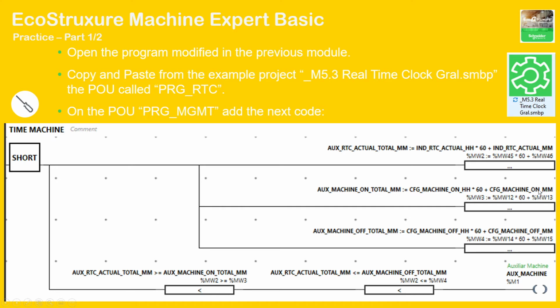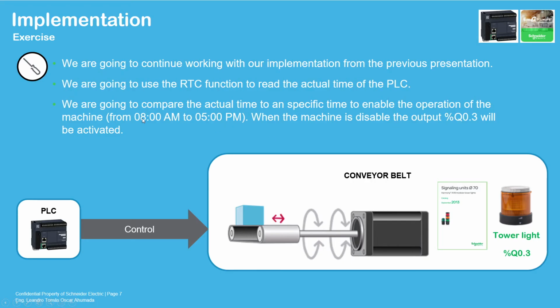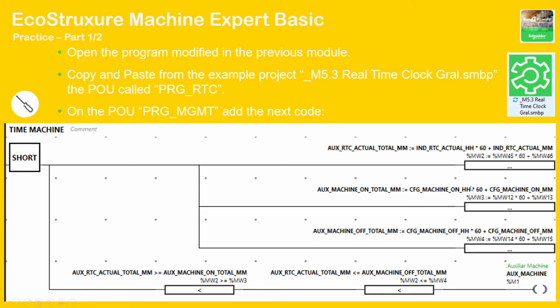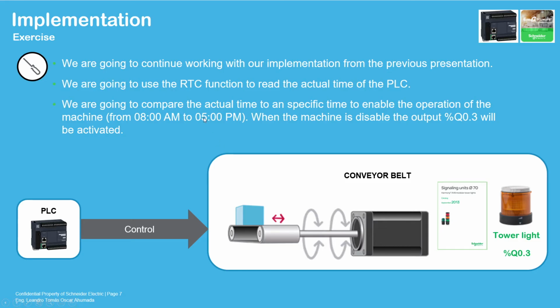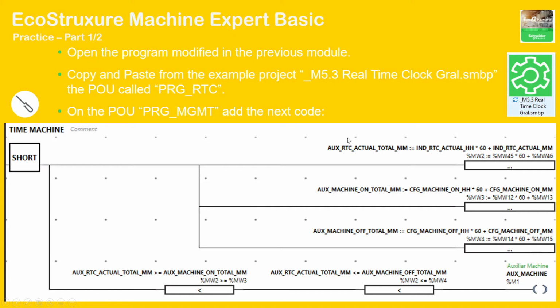The time in minutes that the machine will be on and the hour, and the same for when the machine is off, okay? So imagine, in our case, I want to be 8 a.m. So the hour will be 8 and this one will be 0. And this one over here will be 5 p.m. will be 17, 0, 0 on this one.